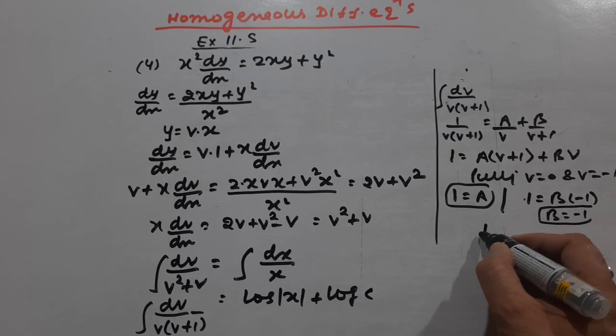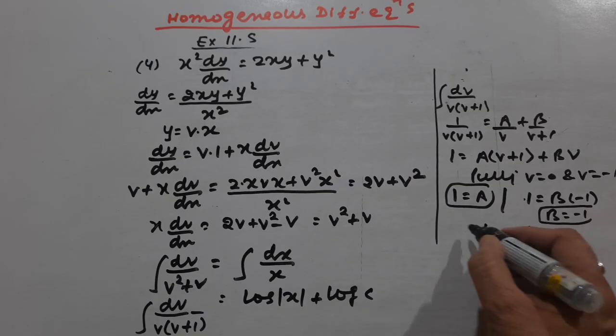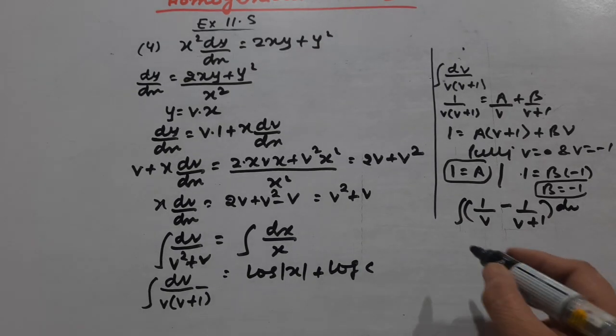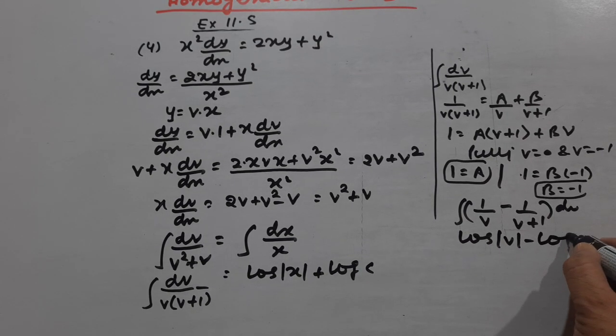So we get the integral of 1 upon v minus 1 upon v plus 1 dv, right? So what we get is log v minus log v plus 1.